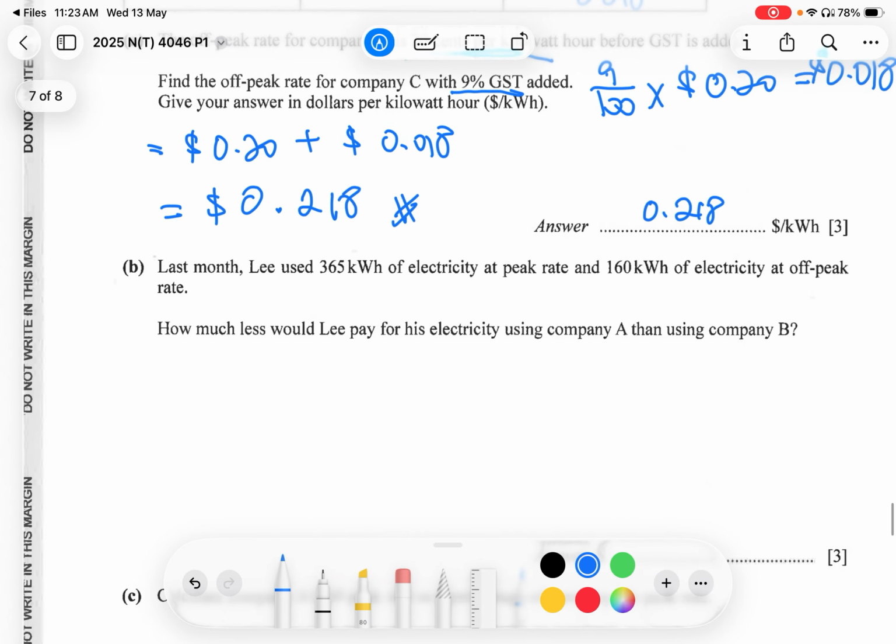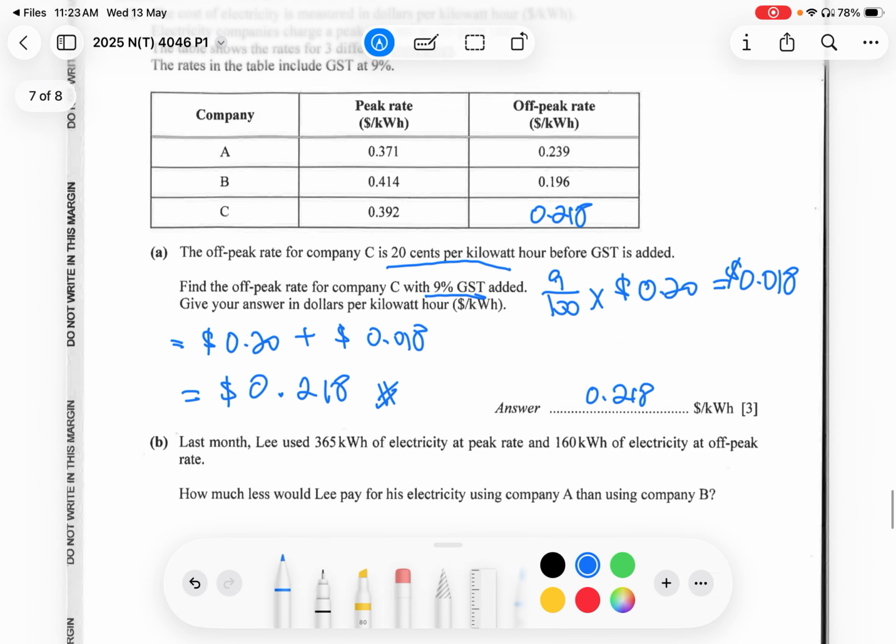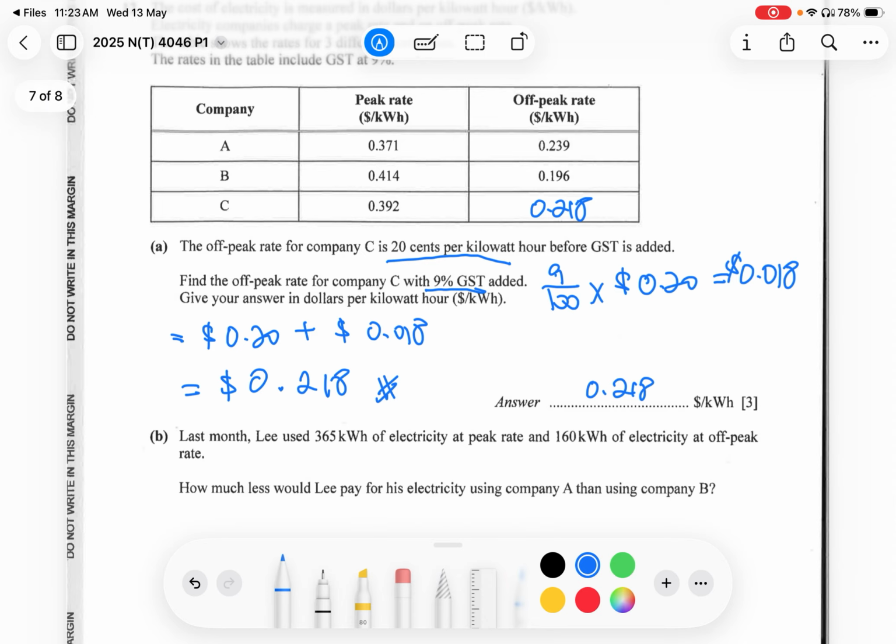Then last month, we used 365 kilowatt hours of electricity at peak and 160 at off peak. How much less will you pay using A and B? So let's say I calculate for A. For A, he used 365 at peak, right? So the money he paid will be 365 times this one for A, 0.271.